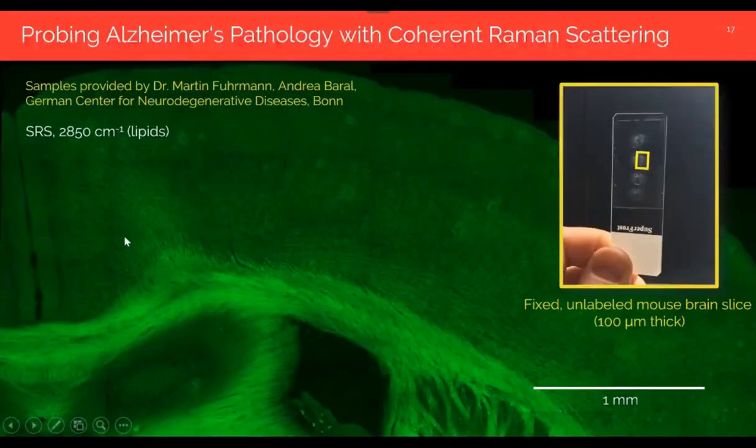Now what I'm showing you here is a section of this brain shown in a contrast corresponding to the total lipid content in this sample. So what you can see, very bright, lipid rich, those correspond to the white matter structures of the brain.